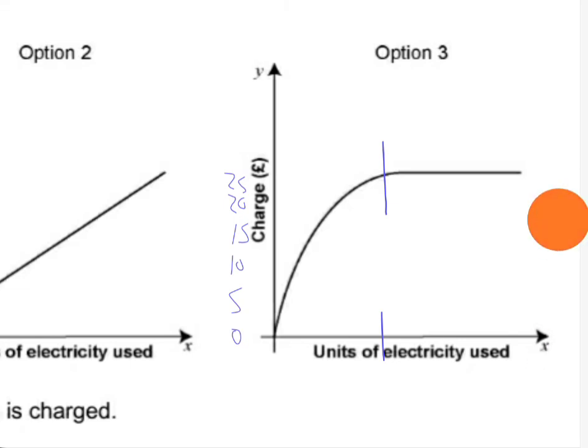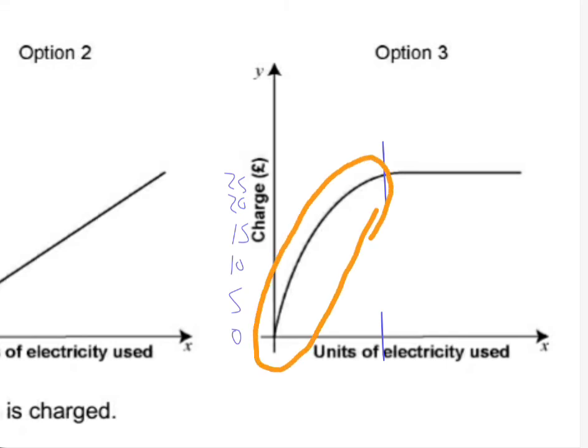So to explain this, you're going to say at the beginning of the use, for a certain amount of units that you use, you're going to pay more money until a certain point. After that certain point, the payment will be the same or constant.